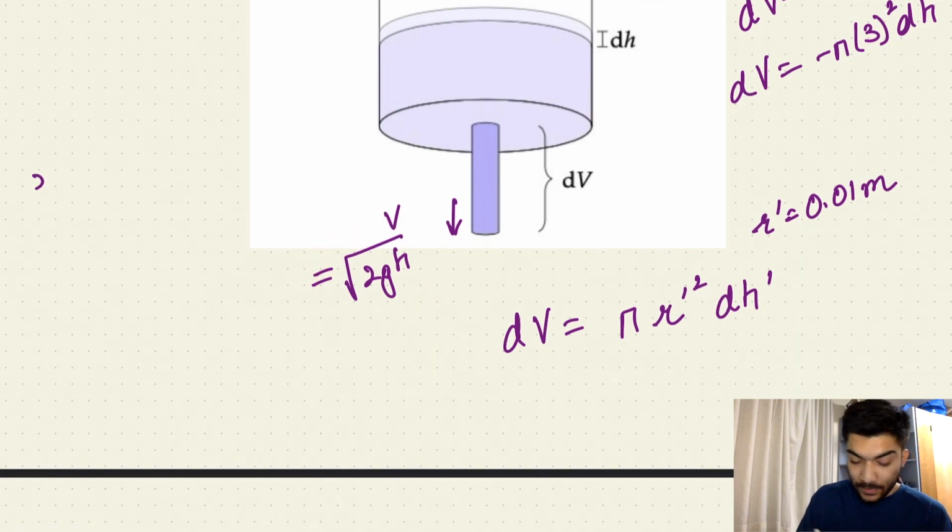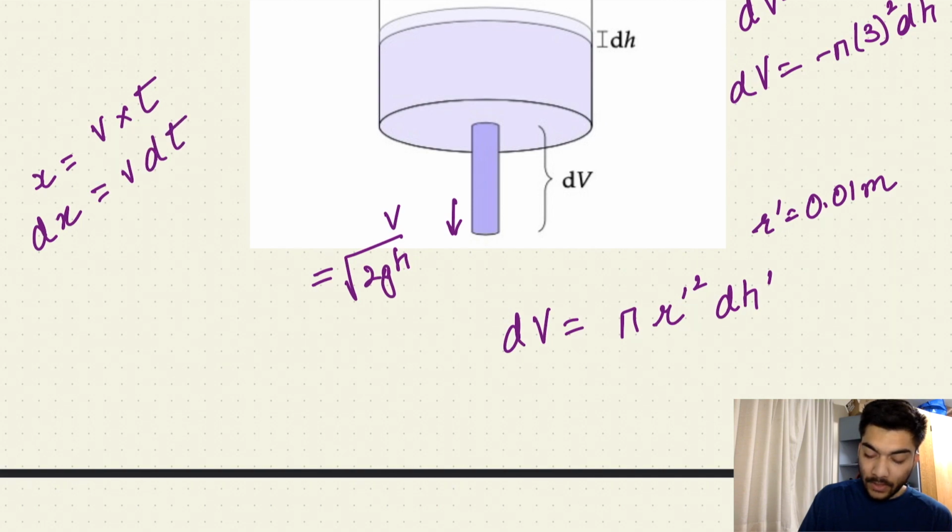So now in order to calculate this dh dash, we'll use this equation over here. We know that distance, denoted by x, is velocity into time. So for a small change in distance, dx, we will have v dt, right? That is what we already know about distance and time equations. So in this case our x would be h dash and it would be v dt.